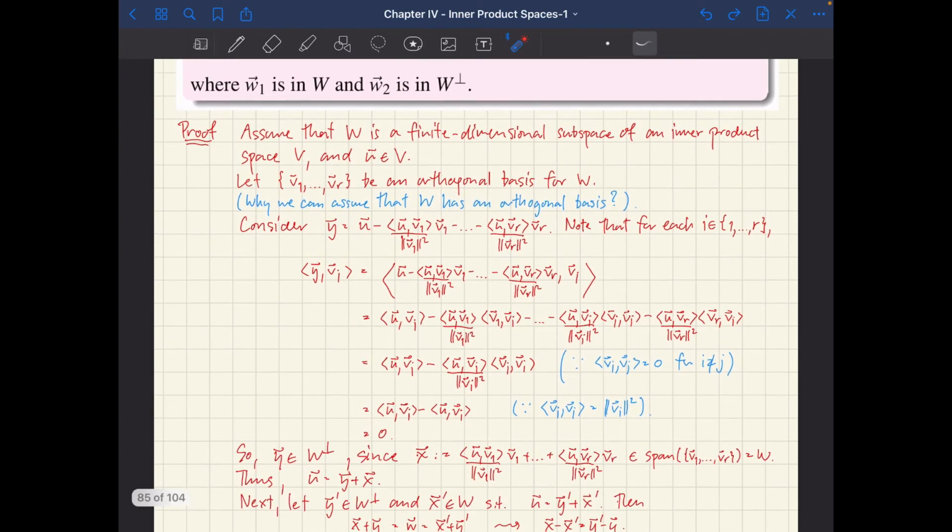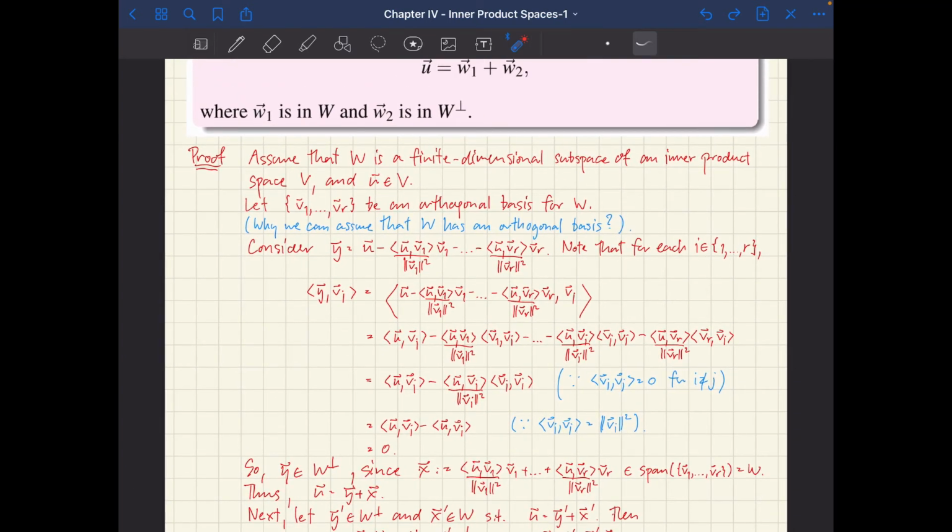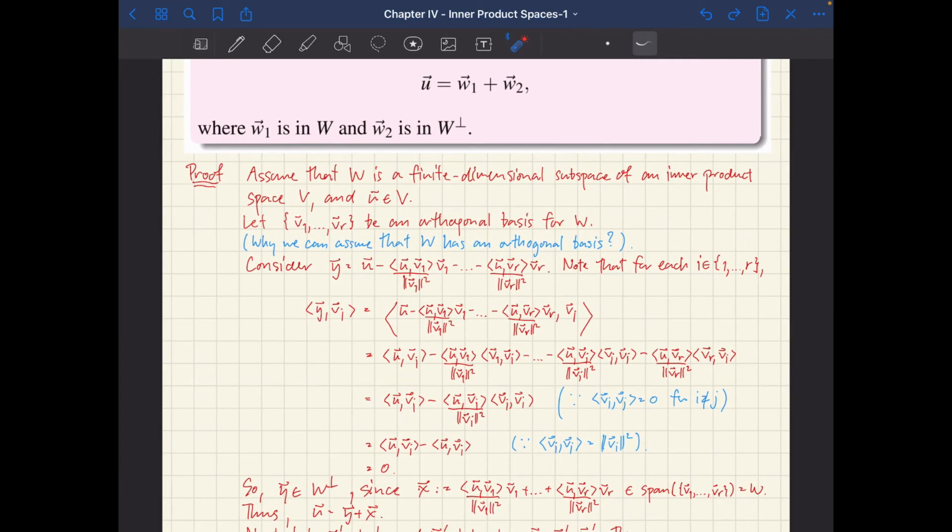So this is how to prove it. The proof is quite complicated. From this, we consider this vector, which is u minus this vector. The question is, where does this vector come from?